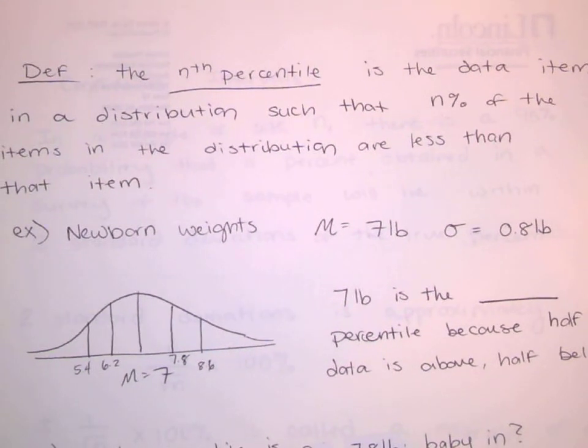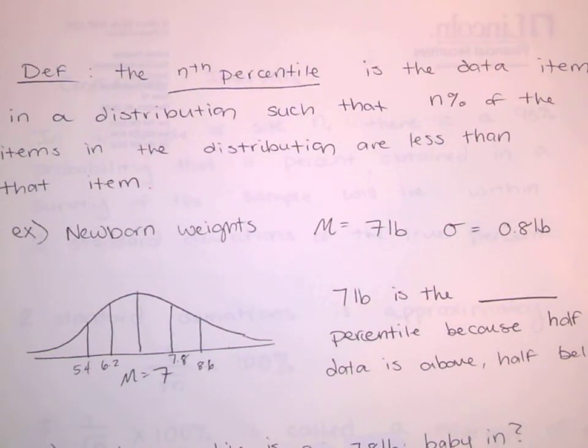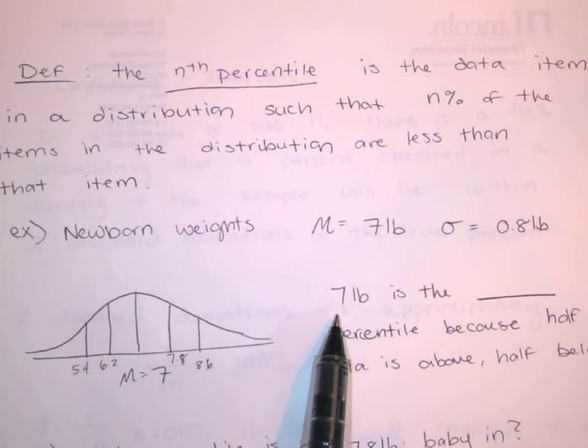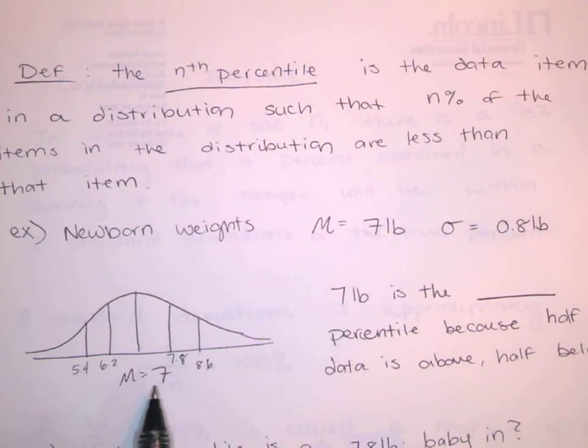For newborn weights again, remember the mean was 7 pounds and the standard deviation is 8 pounds. 7 pounds, which is the mean, would be what percentile? 50% of the data are below and 50% of the data are above, because remember, the mean and the median are the same in a normal distribution when it's symmetric about the mean.